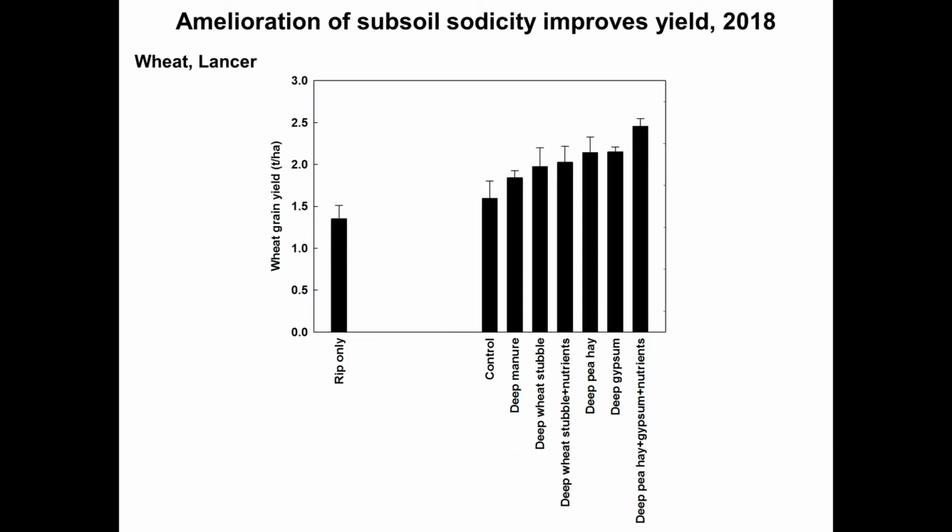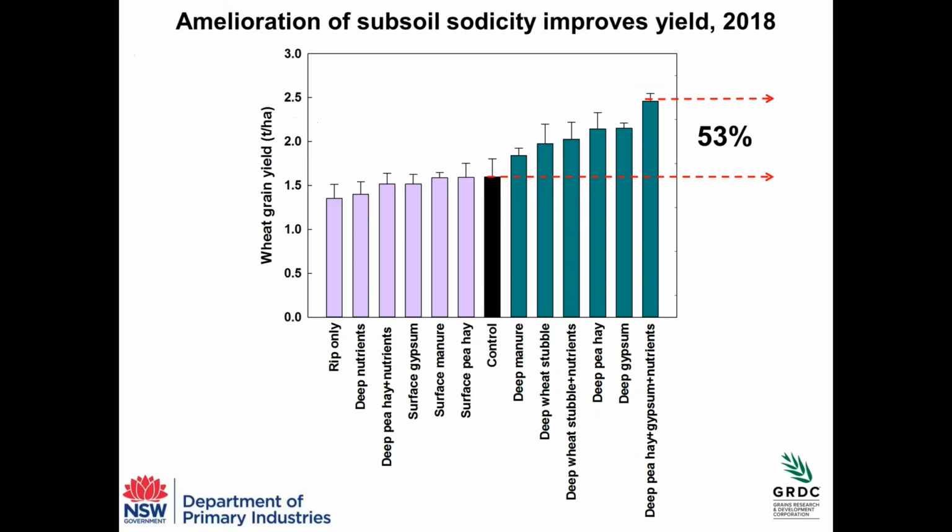Most of those amendments that we put in the deep soil actually provided some significant differences. One of the treatments, on the right-hand side, a combination of deep pH plus gypsum plus nutrient, performed remarkably in both years, 2017 and 2018. We have a working hypothesis for why we get such a good response from this treatment.